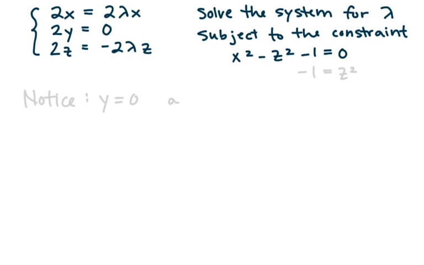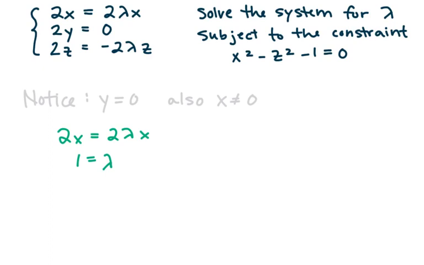So we notice that x cannot equal 0. If we consider this first equation, it's fairly easy for us to determine that lambda would be equal to 1. 2x equals 2 lambda x. Divide on both sides by 2x. I've got 1 equals lambda.